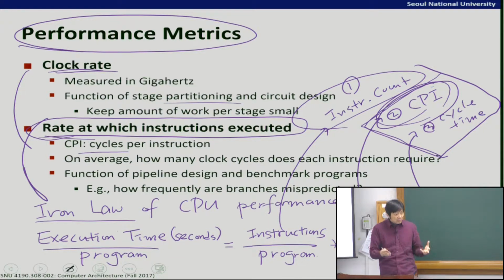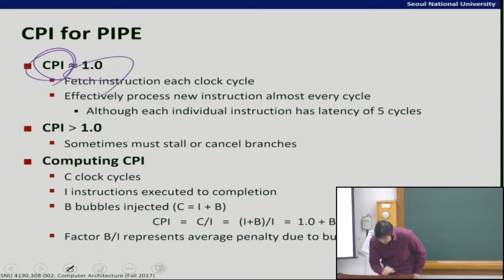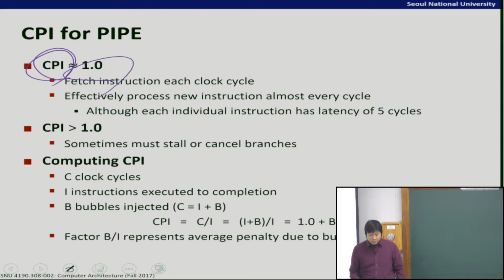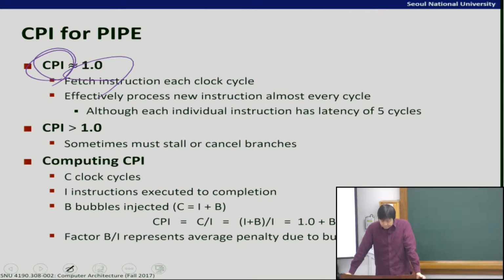But if there's no pipeline stall, no hazard, then on average a new instruction comes in and one instruction comes out, flowing continuously. The pipeline flows continuously. So in the ideal pipeline design, we have a CPI of 1.0. Of course, an individual instruction has a latency of five cycles, but here we're not talking about latency, but how many instructions we can execute during a given period of time, right? That's what you are asking here.